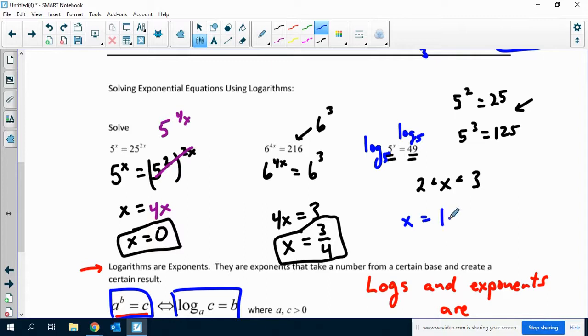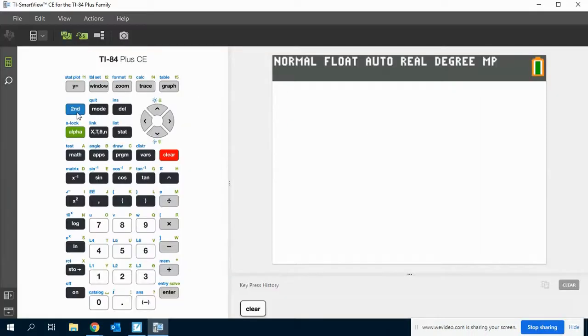Now on the right side, I have log base 5 of 49. And that is my final answer. So x equals log base 5 of 49. I would just leave it like this because I can't simplify this at all.